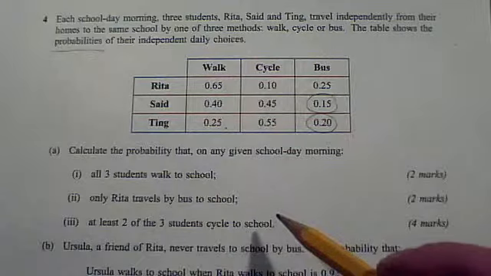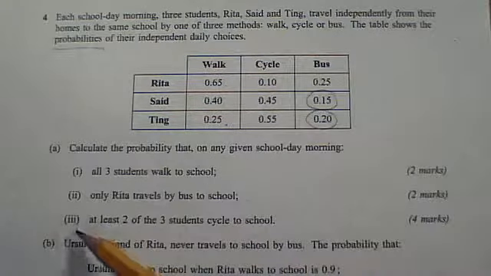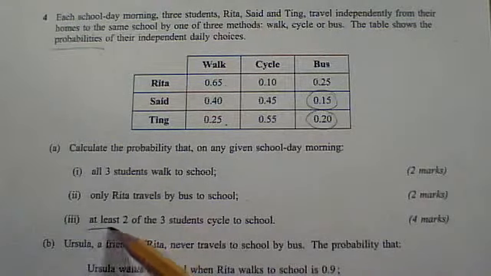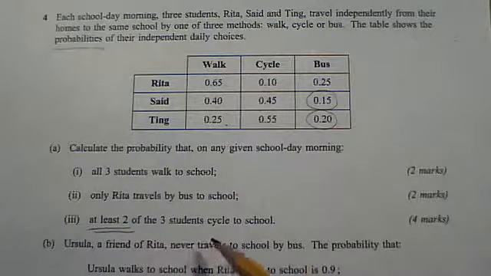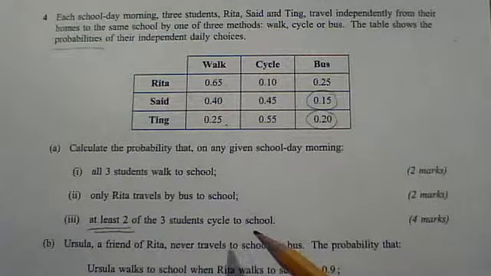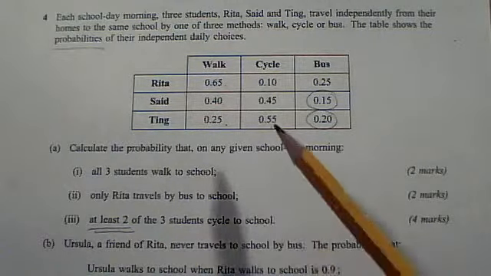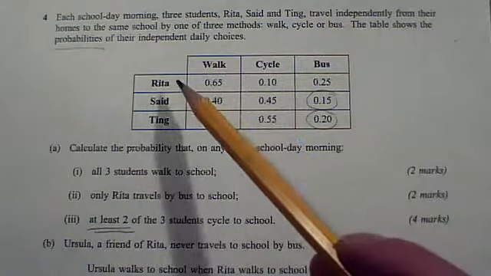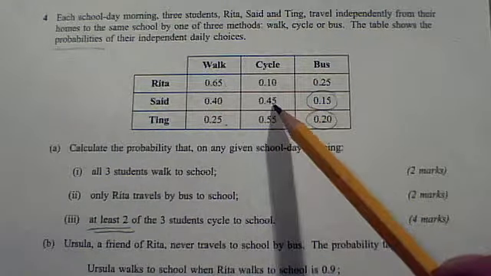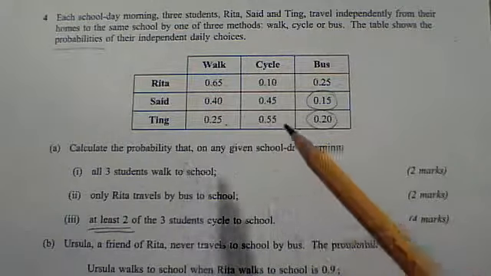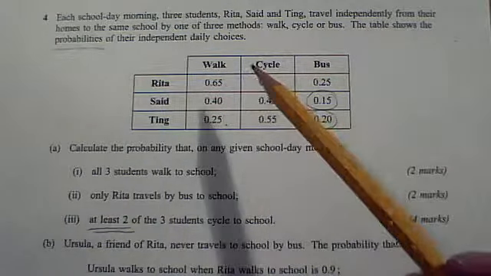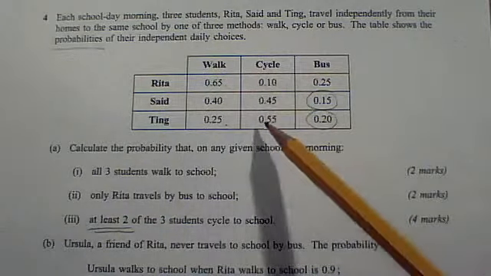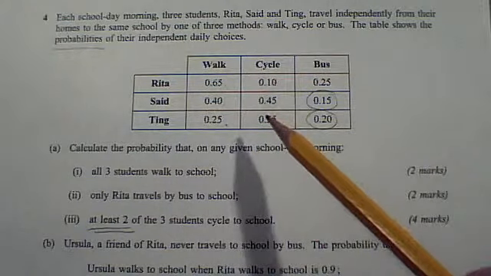However, in part 3 we've got at least 2 of the 3 students cycling to school, and there are several ways that could happen. For example, Rita could cycle, Saeed could cycle, and Ting could not cycle. Or Rita and Ting could cycle and Saeed not.